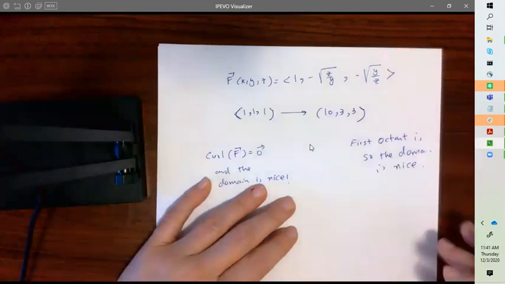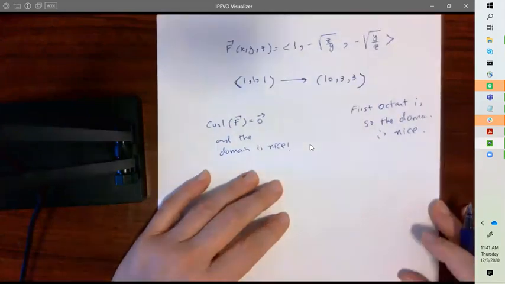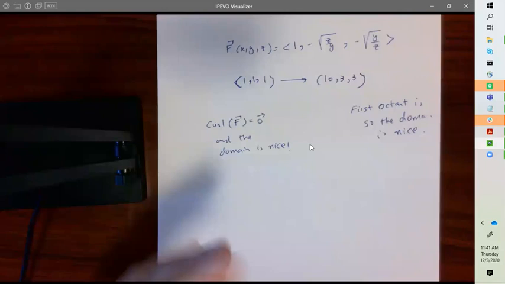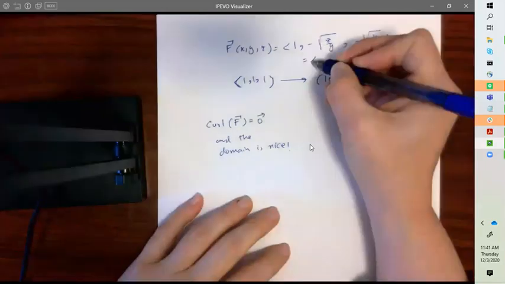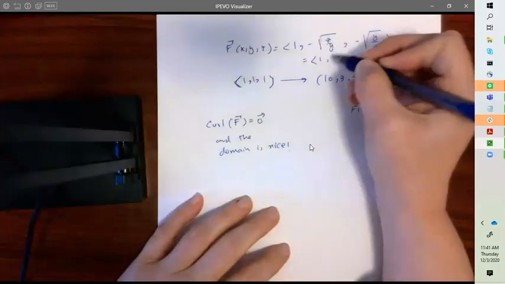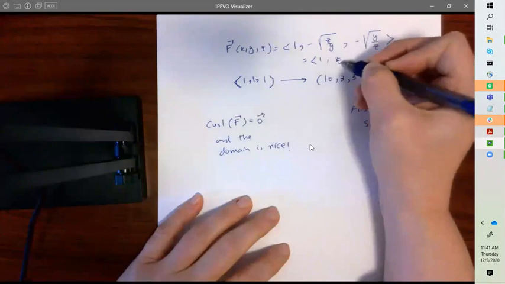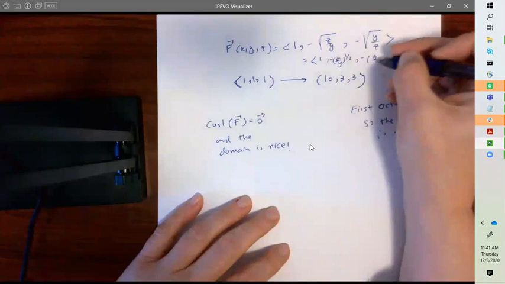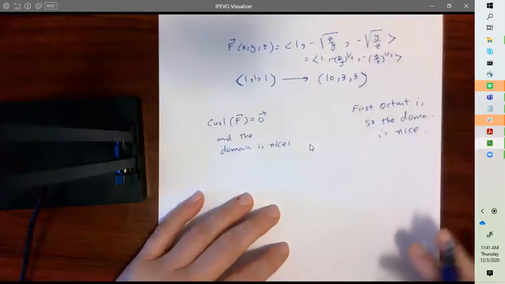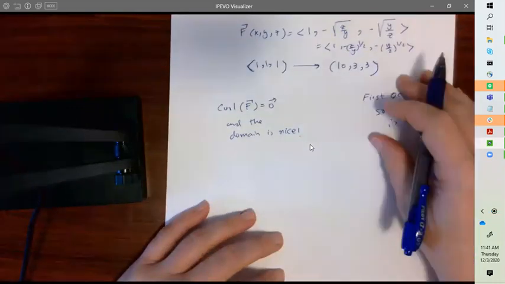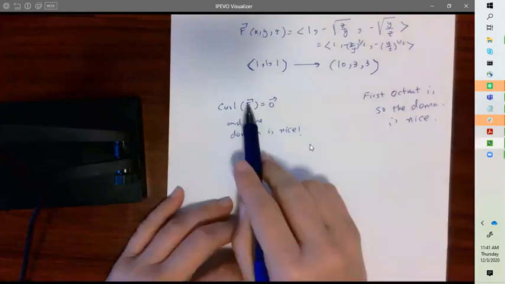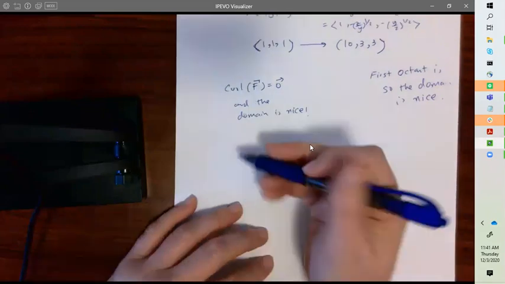That's the first thing. I have a feeling that this thing is basically conservative. I'm hoping it's conservative, because otherwise it would be a mess. Let's hope and let's try to find out. The domain by the question is nice. All I need to check is the curl. So let's check the curl of F.